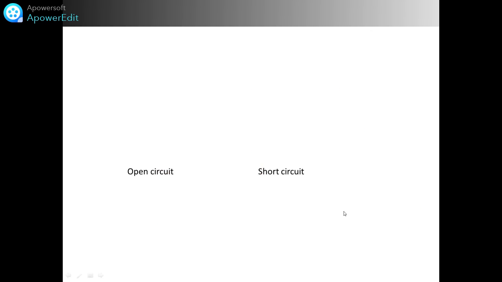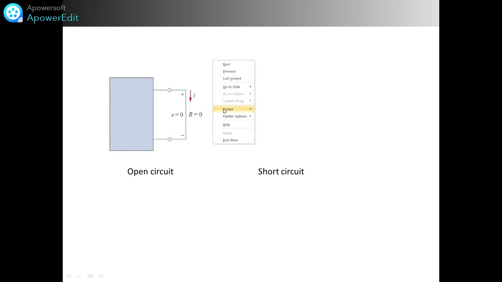Now we will learn what is meant by open circuit and what is meant by short circuit. In this diagram, this is a circuit.